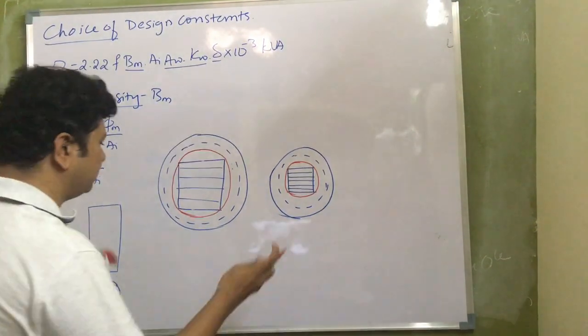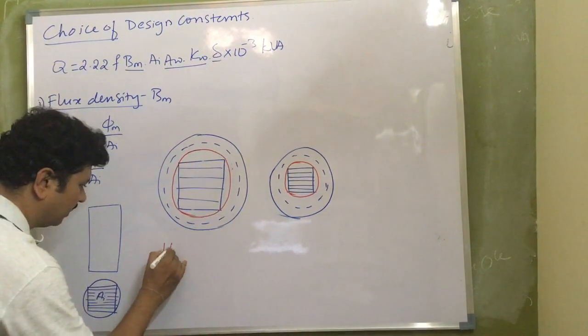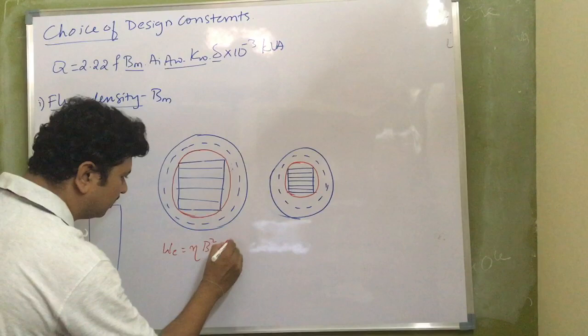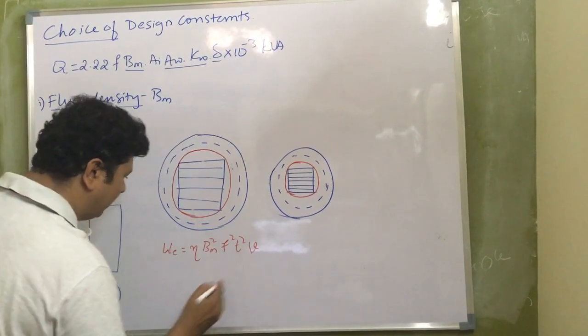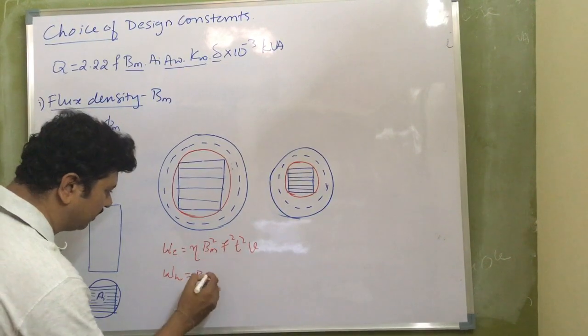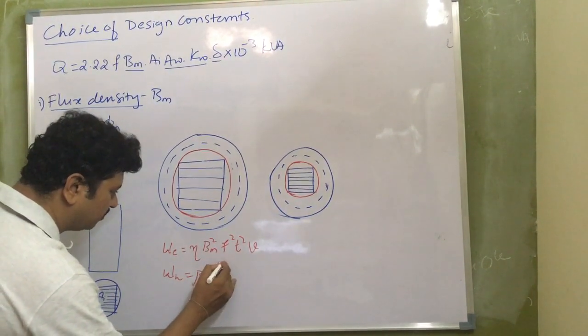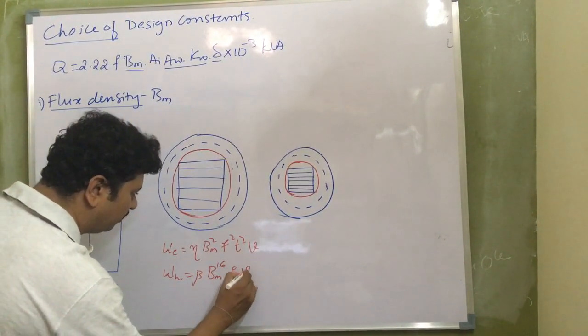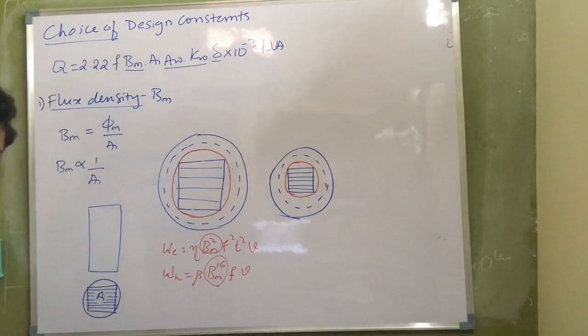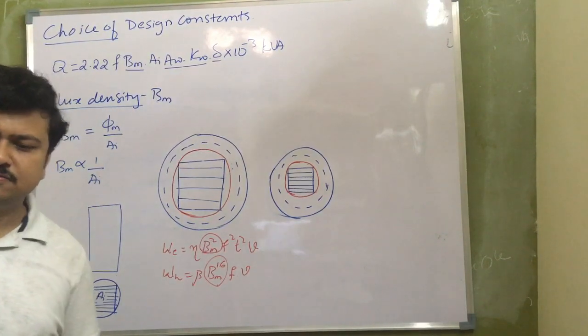What are the equations for iron losses? Eddy current loss equals eta Bm square F square T square into V. Hysteresis loss equals some beta, material constant, Bm raised to 1.6 F into V. So in both cases, by an increase in the value of flux density, both iron losses are increasing.